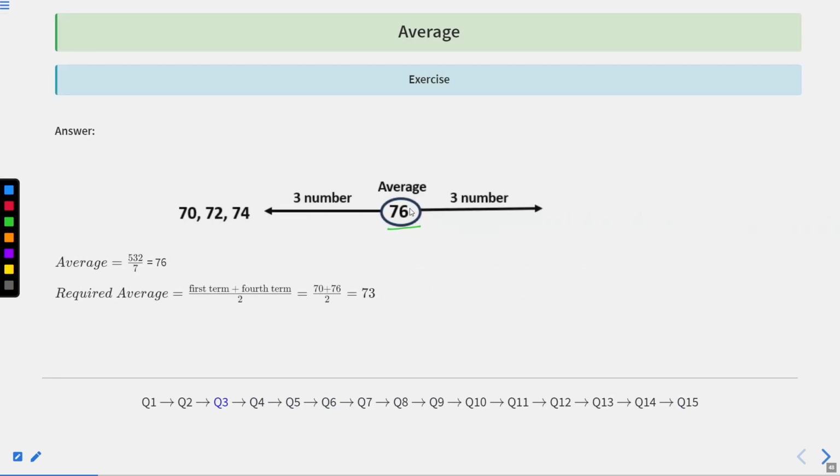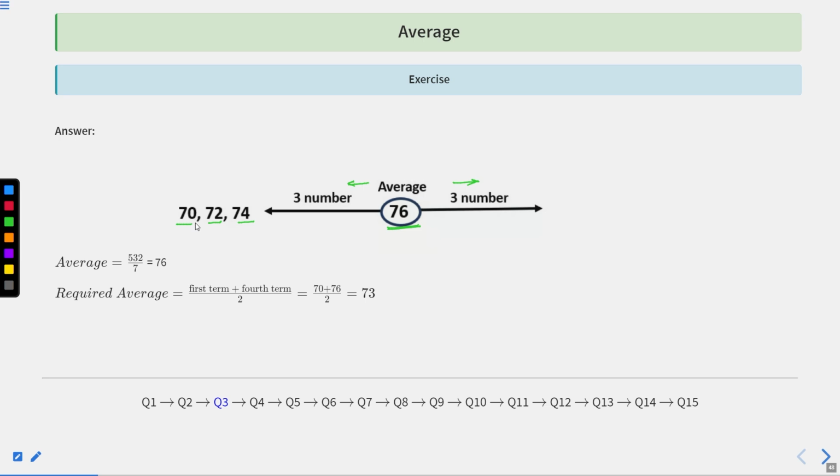So since the middle term is 76, there will be 3 terms on the left and 3 terms on the right. So what are all 3 terms on the left? We know these numbers are consecutive and also even. So what is the very next number to the 76 on the left? That is even, that will be 74. And moving more left from 74, the first even number that comes is 72, and next will be 70.